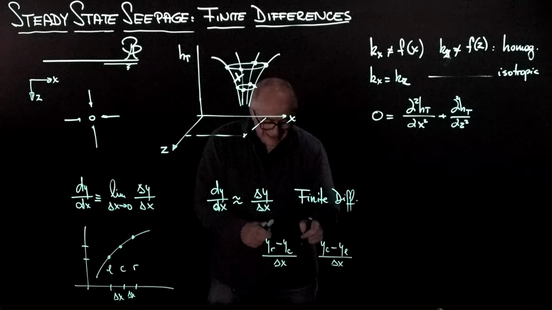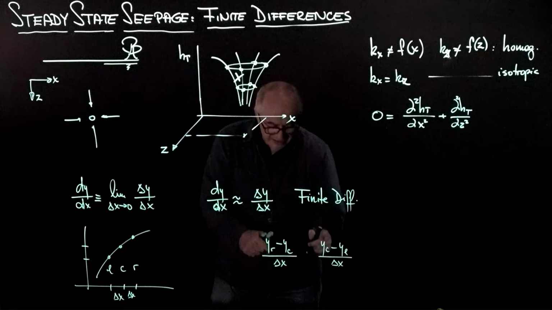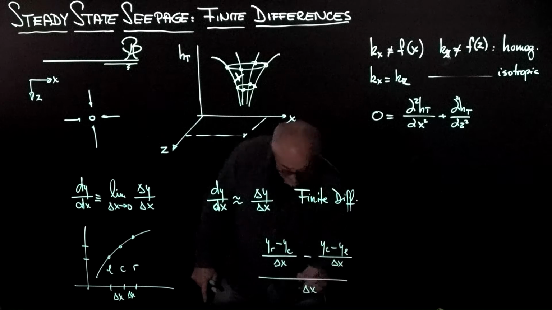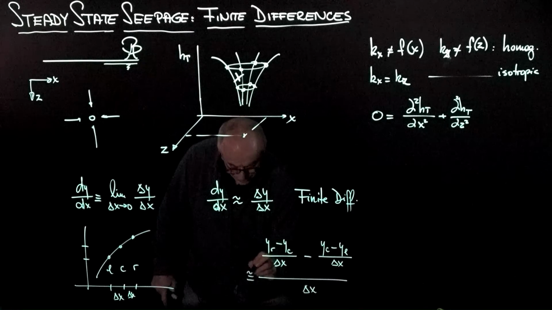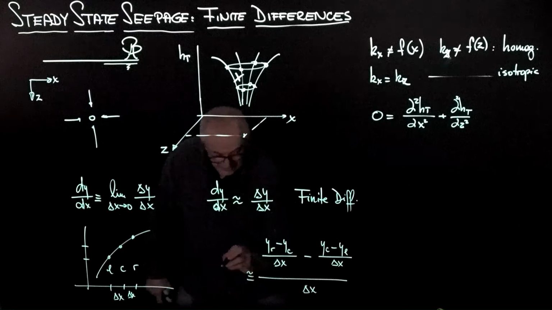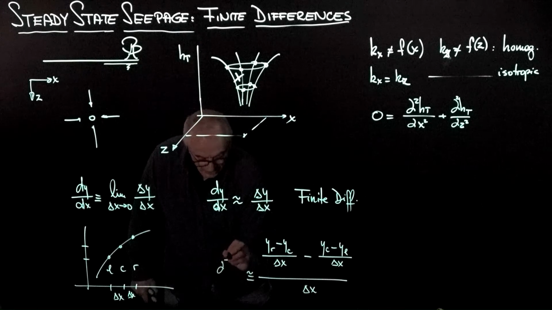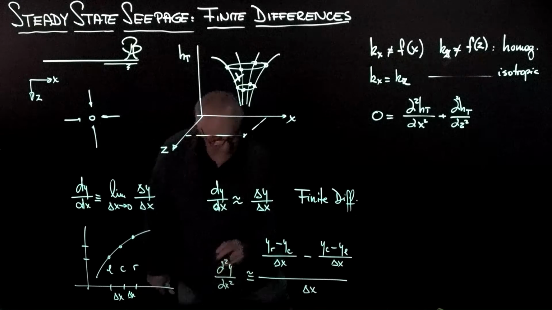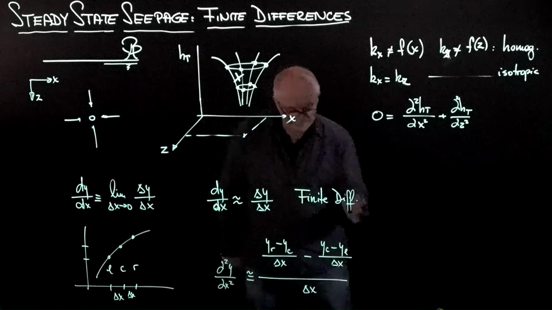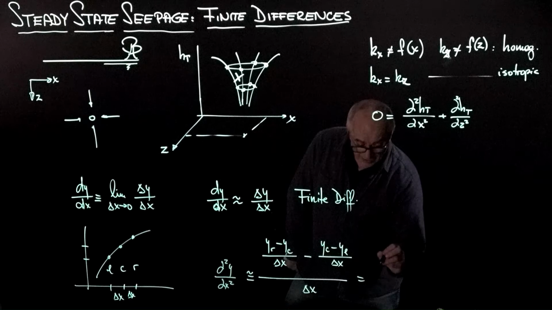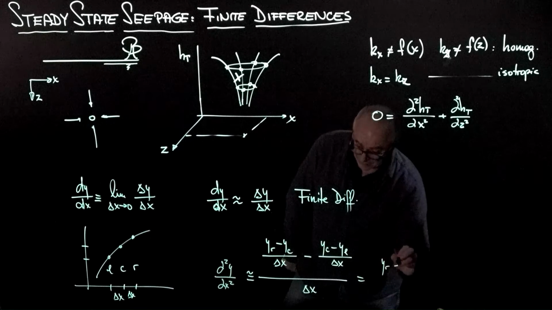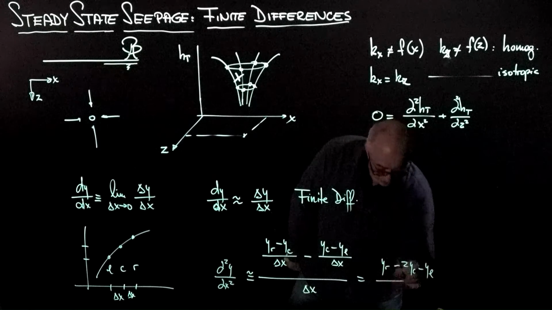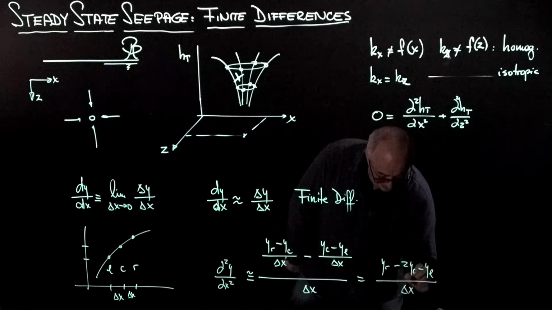And so the change in the first derivative with respect to delta x is equal to, or is an approximation to, the second derivative of y with respect to x twice. And this is equal to y right minus 2 y center plus y left over delta x squared.